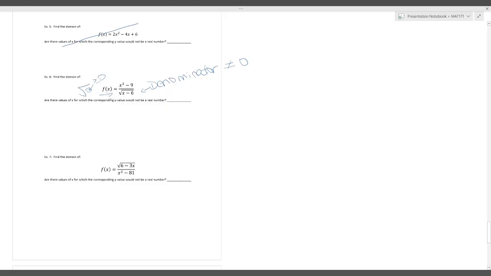But if it happens to be equal to 0, then it messes with that. So that means that our radicand can only be greater than 0. Okay?